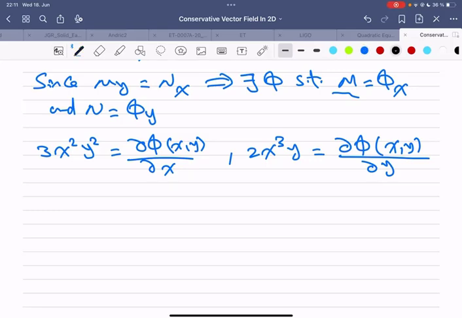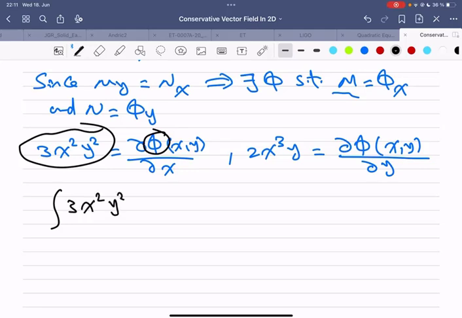So now to find phi, we will integrate this function with respect to x. So integrating 3x squared y squared dx will give us this constant and this constant.